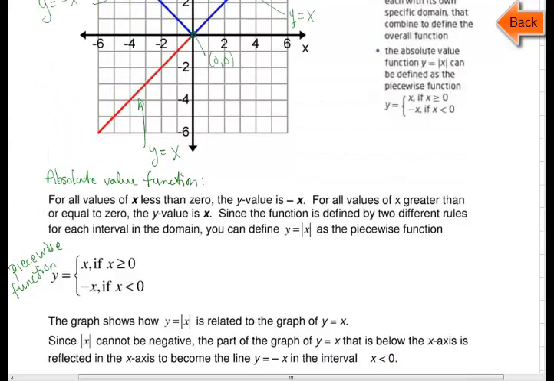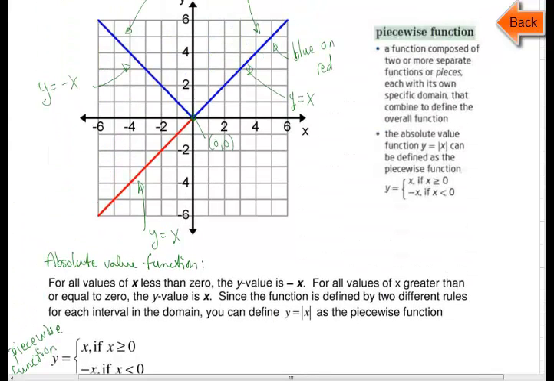So we go back up to the graph. Because the absolute value of x can't be negative, the part of y equals x which is below the x-axis gets reflected above the x-axis. So this part of the line is going to reflect over the x-axis. So we'll just make a note of that.